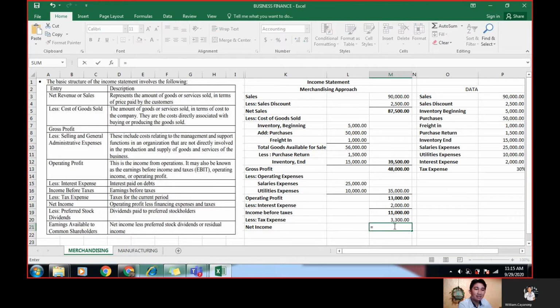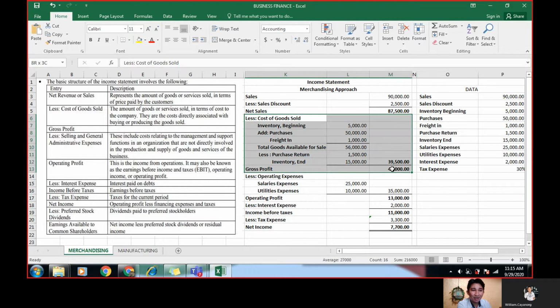Therefore, ang naiwan na lang sa income mo is 11,000 minus 3,300, 7,700. Here you have it when you are making an income statement using the merchandising approach. Ang pinaka medyo mahirapan lang tayo dito is when we are solving this one kasi meron pa siyang formula.